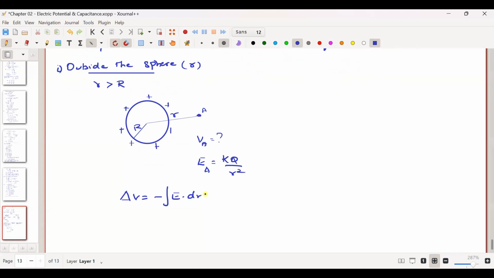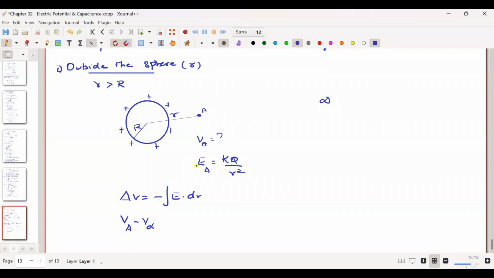Here I need a potential difference, so I need two points. If I need to find the potential at point A, where should my other point be? Somewhere at infinity. So delta V is nothing but the potential at point A minus the potential at infinity. The potential at infinity will become 0.